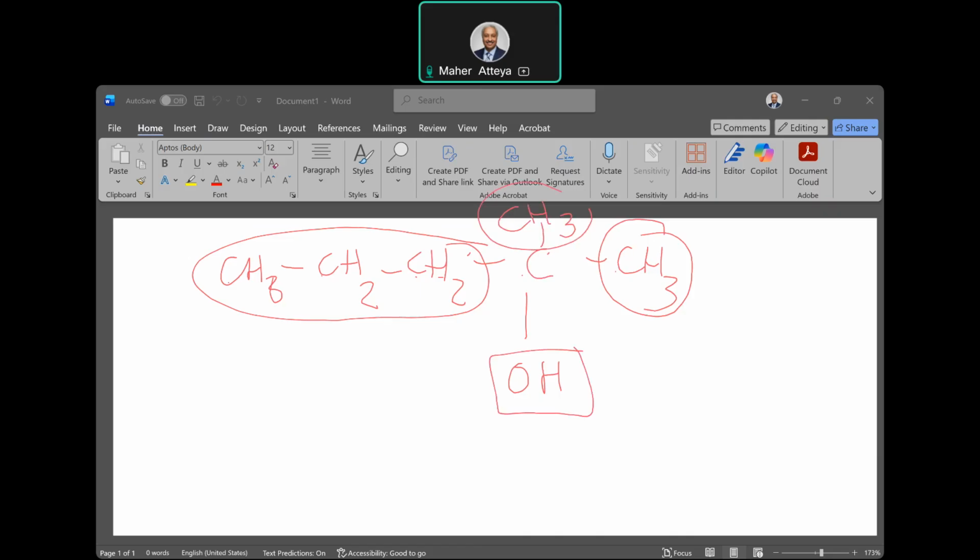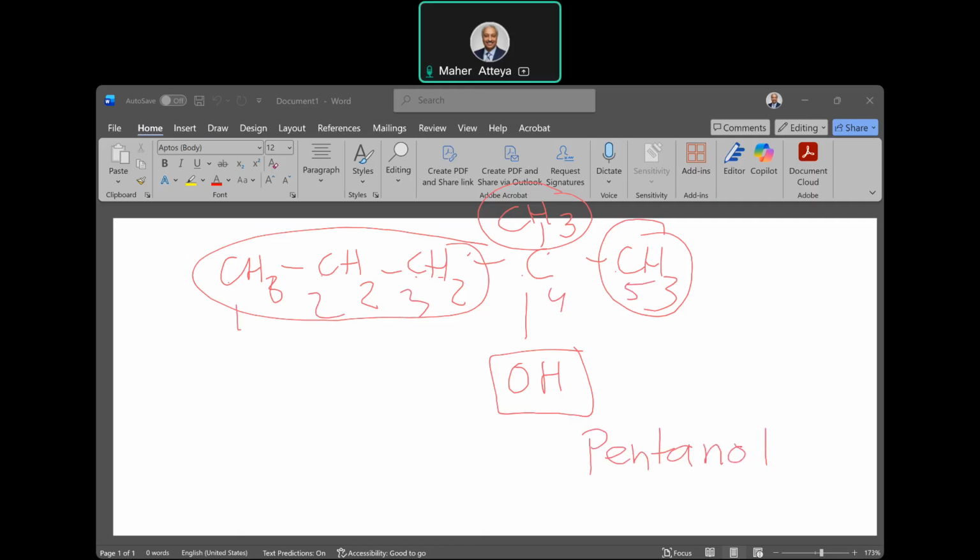So the carbon that carries the OH is attached to 3 groups, 2 methyl groups and 1 ethyl group. So this one goes out by the long chain. The long chain is 1, 2, 3, 4, 5. So this is pentane and then OL, pentanol.